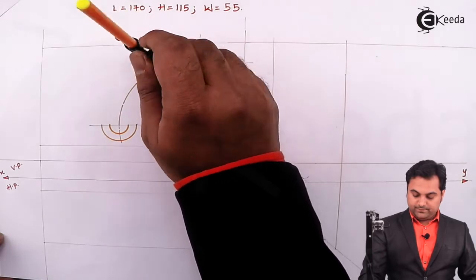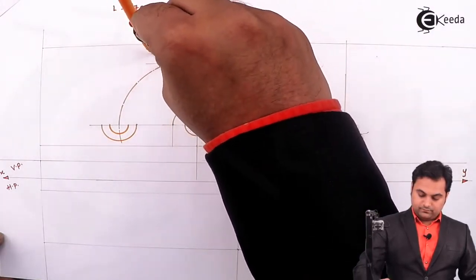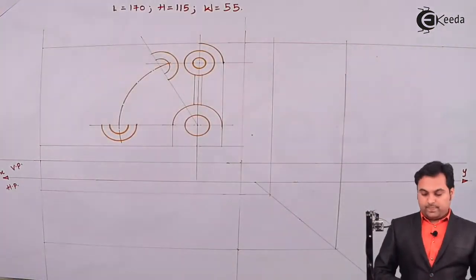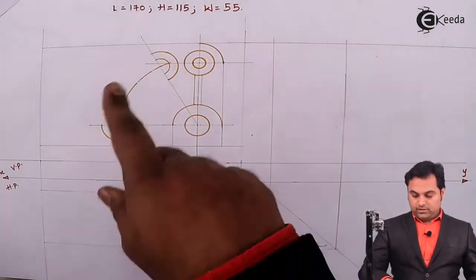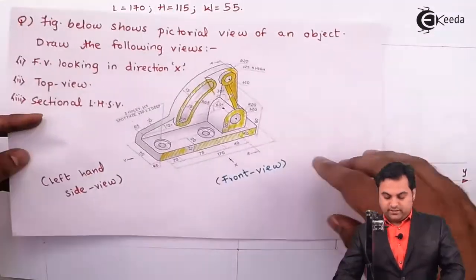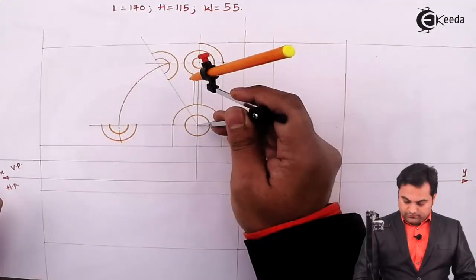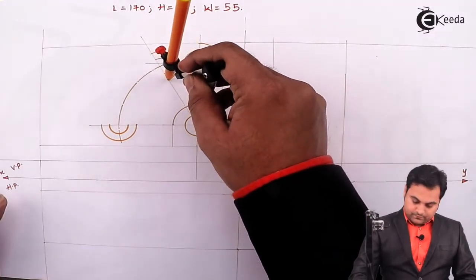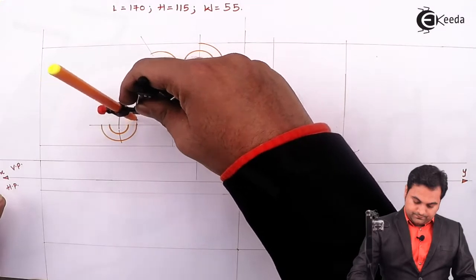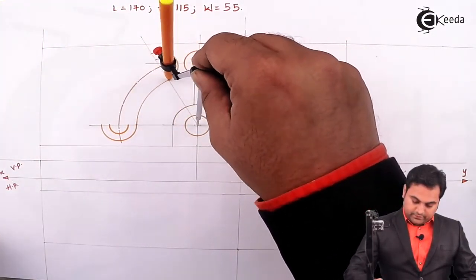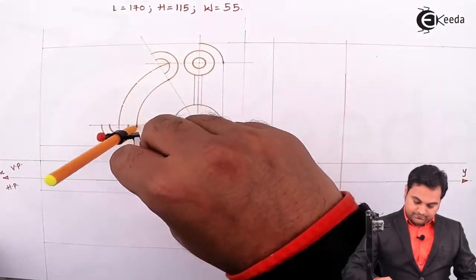Similarly from here. Next, after completing these portions, I need to join them, keeping the same center. So from this center up till here, I'll draw a light arc connecting both the semicircles.